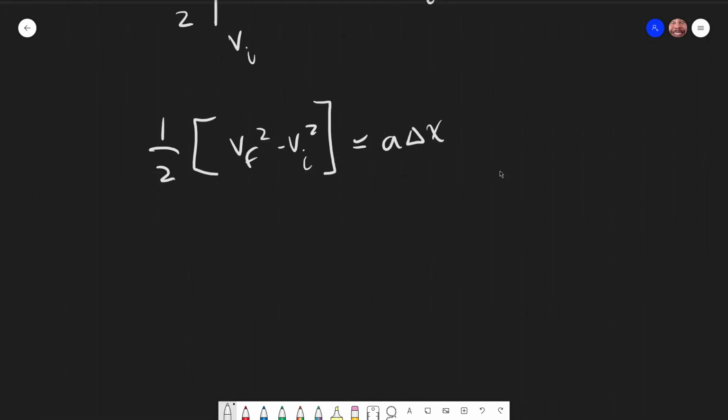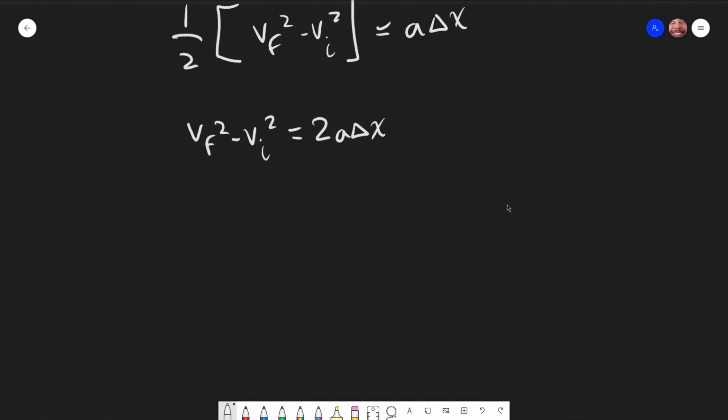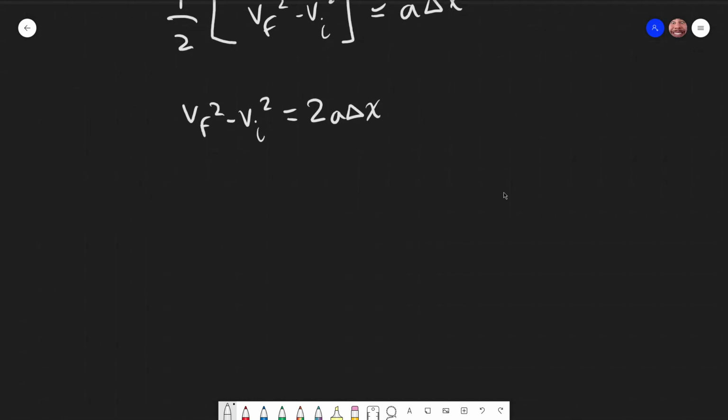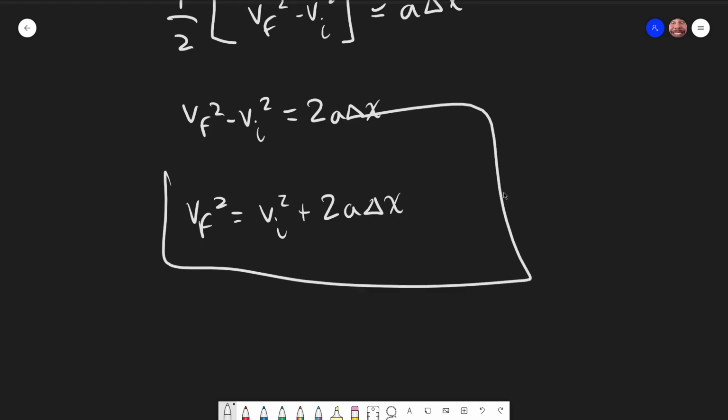Now we can multiply the 2 to the other side of the equation to get 2a delta x, and add over that initial velocity. So we get vf squared equals vi squared plus 2 times acceleration times change in position, baby. And that is just how Newton did it.